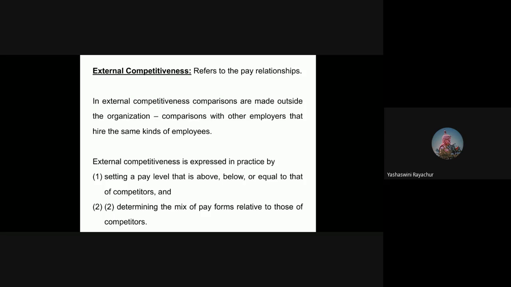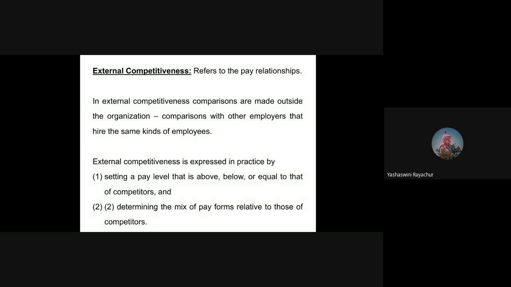Fine. So here you are going to compare company A's head of research and development with company B, which has the same department and the same job, called head of research and development. So you are going to compare similar jobs between two companies, or more than two companies, and then arrive at what pay I have to give for this particular position, compared to the competitors who have the same type of job in their organization.